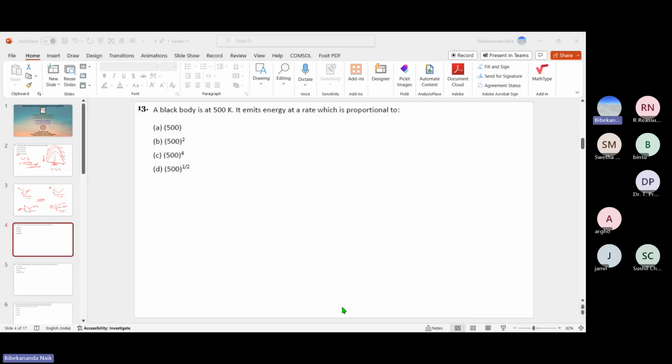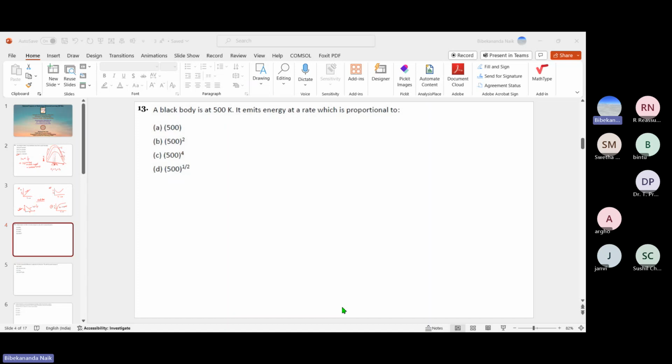So can anyone of you tell me which law gives the relationship between the emitted energy rate E and the temperature? Yes, once again. E equal to h nu? No, that's not it.